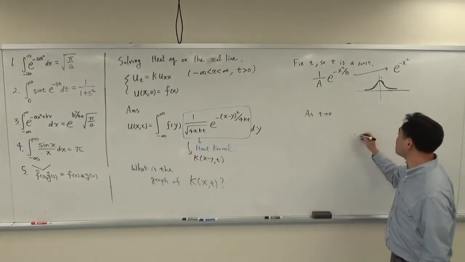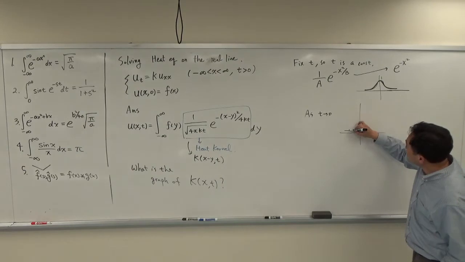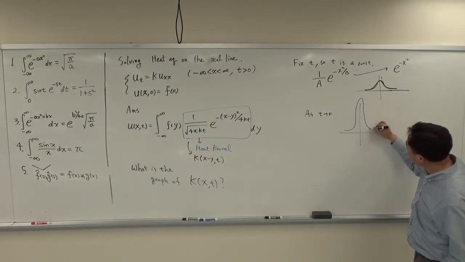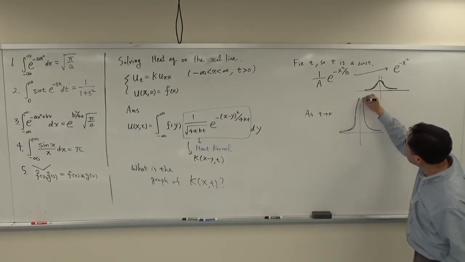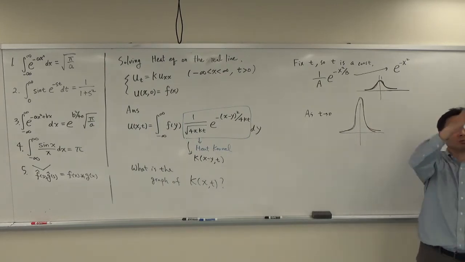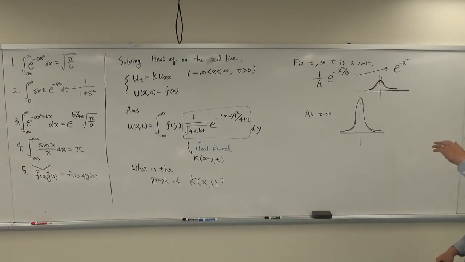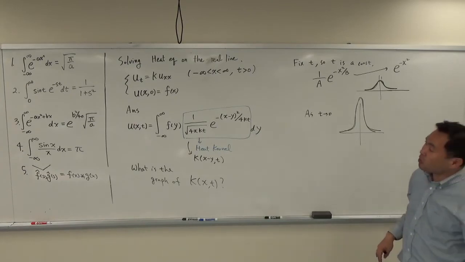So as t goes to 0, it falls steeply, and you have something like this. And this actually tells you a lot about what's going on when you solve the heat equation.